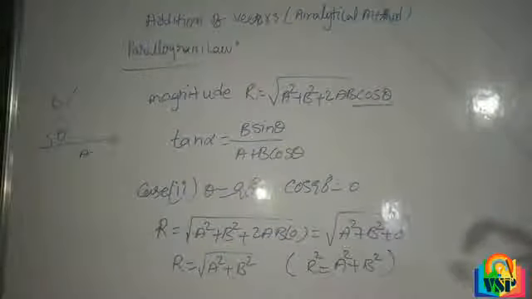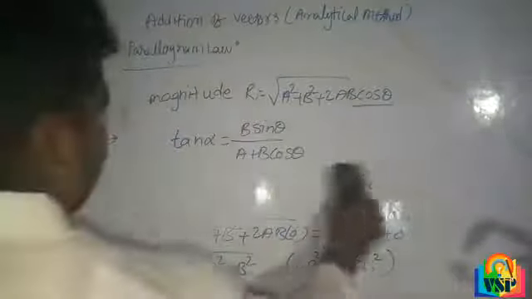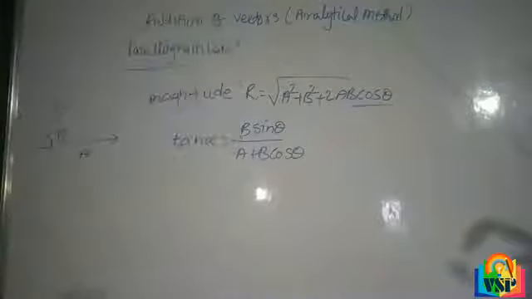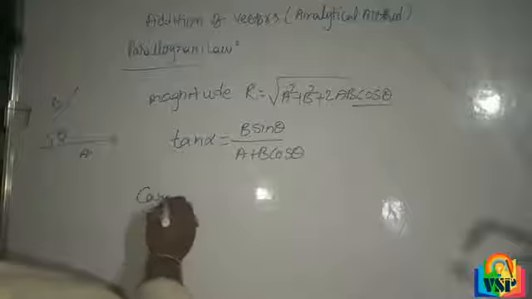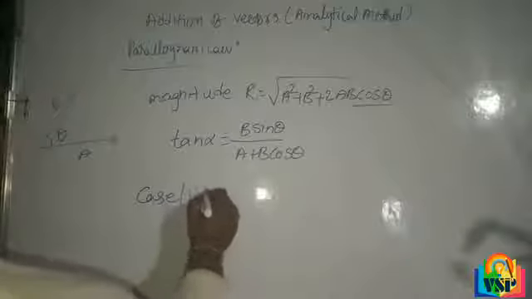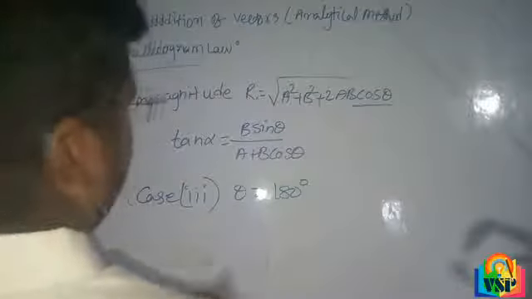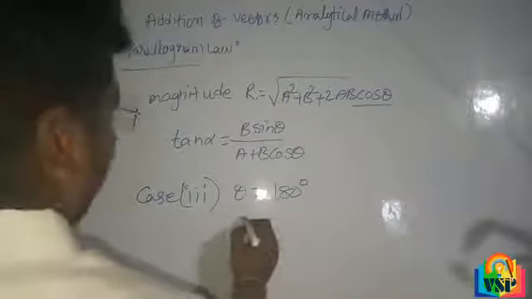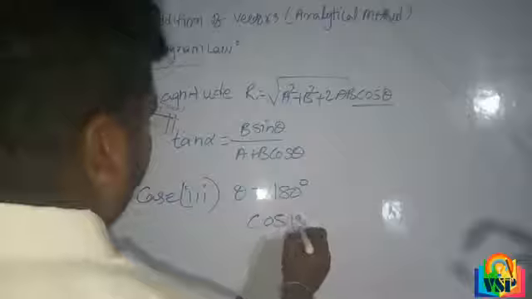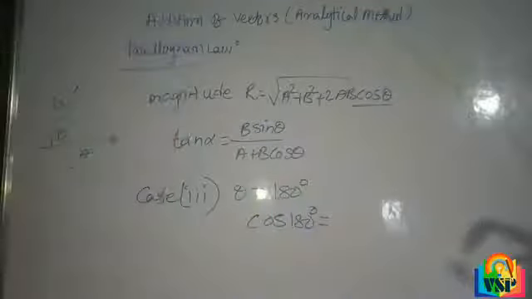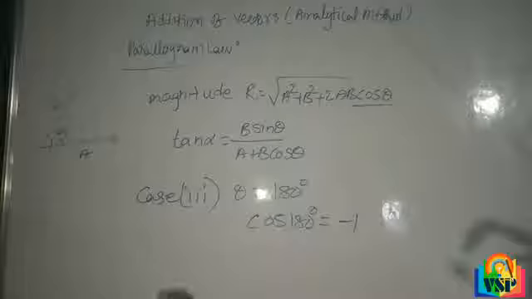Case 3, the angle between them is 180 degrees. Theta is equal to 180 degrees. Cos 180 is equal to minus 1.